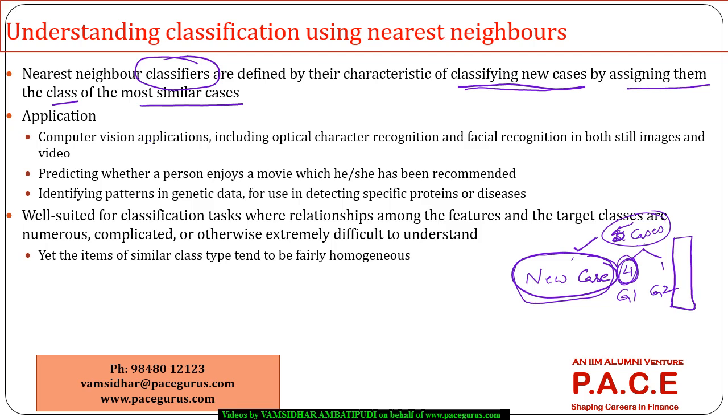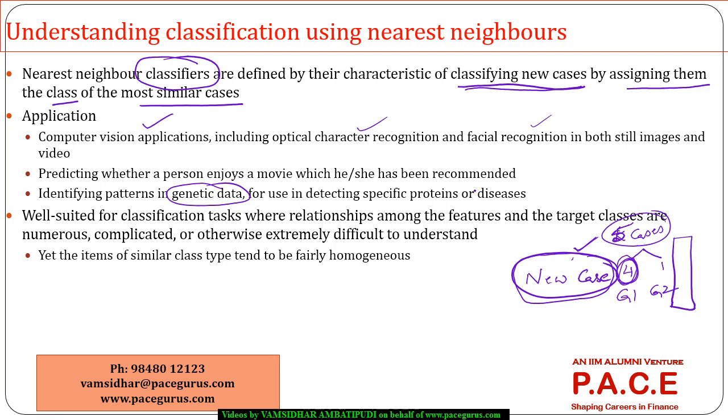So we have so many applications again, right? Computer vision applications, optical character recognition, facial recognition, and a lot of other applications where we are doing classifications. If you look at identifying patterns in genetic diseases, used in detecting specific proteins, diseases, there are lots of applications in the medical world, in the imaging world.